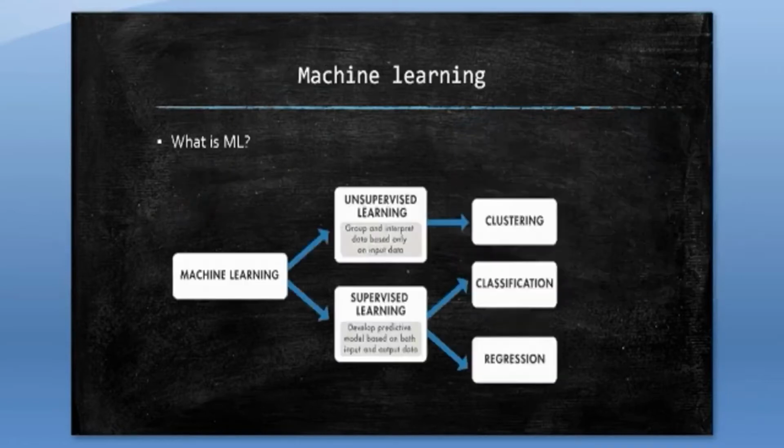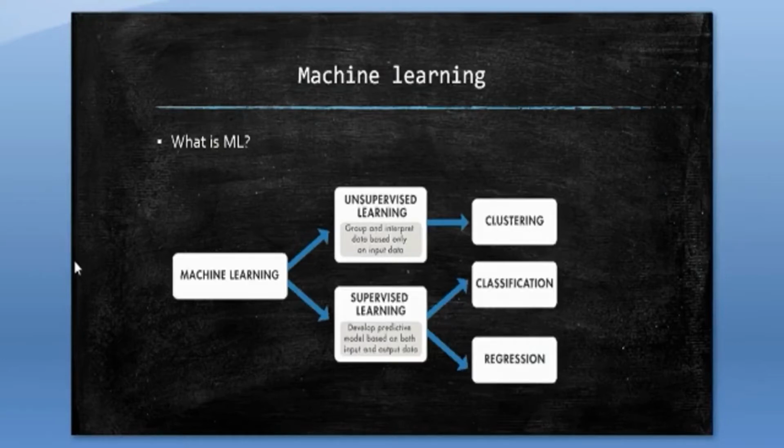Machine learning. What is machine learning? As we see here, machine learning is divided into 2 branches: supervised and unsupervised learning. Supervised learning is when I have a labeled data set and I train on it, and supervised learning is divided into classification and regression.